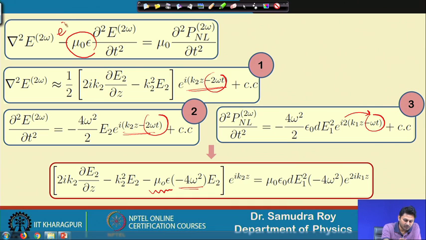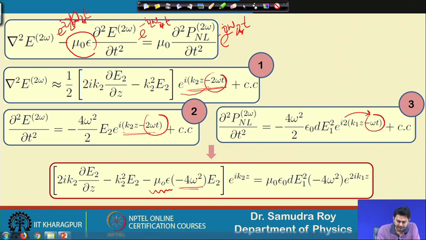Here we have e to the power minus I omega 2 t term, and here we have e to the power I omega 2 t term with a negative sign. Sorry, it is not omega 2, this is 2 omega. So, all this 2 omega term will cancel out from both the sides.